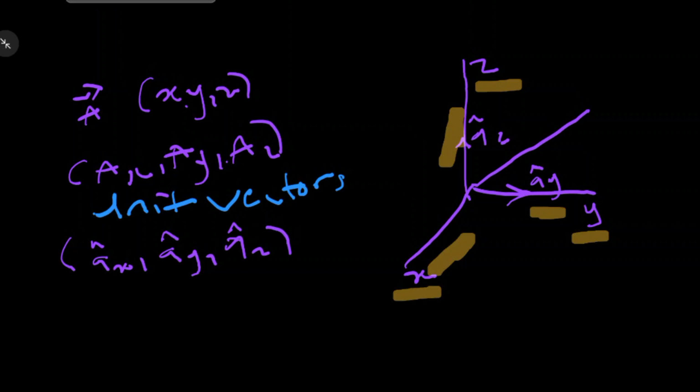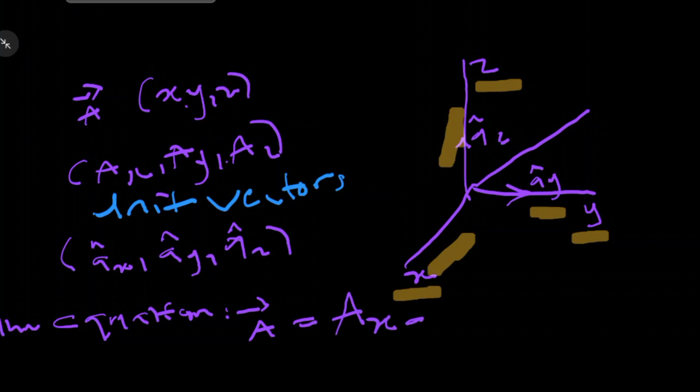So let's look at the equation. A vector, written as A with this arrow over it, is written as the sum of all parts: Ax times our unit vector showing the direction of x, plus Ay times our unit vector showing the direction of y, plus Az times our unit vector of z.